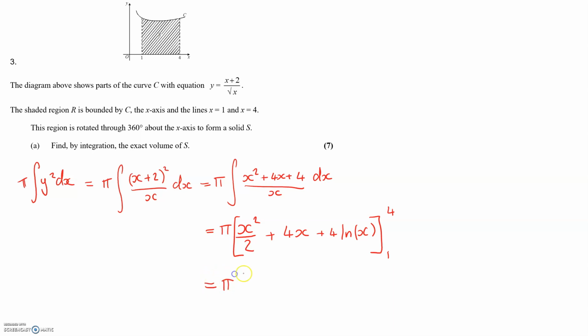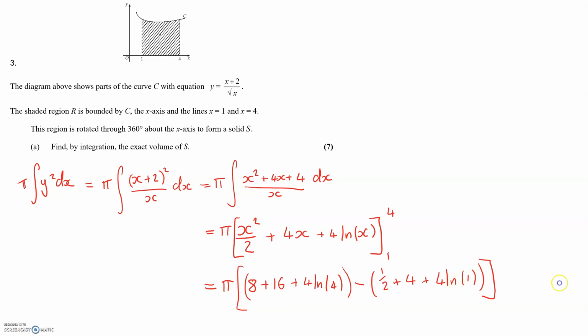The whole expression is multiplied by pi, so I'm just going to leave it on the outside until the very end. 16 over 2 is 8, plus 16, plus 4 ln 4, minus 1 over 2 plus 4, plus 4 ln 1, which is of course 0.